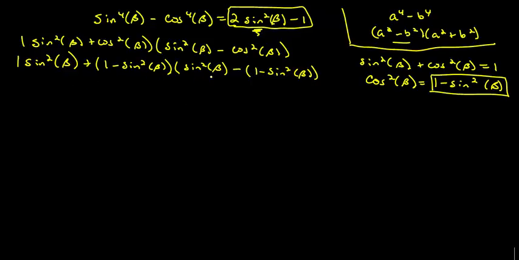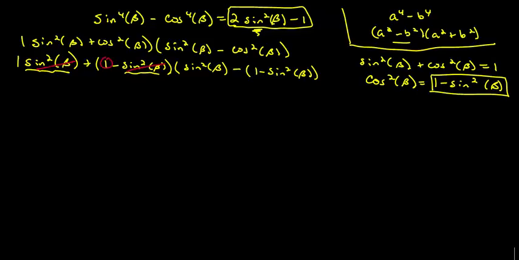So let's start dropping these parentheses here. Look, I've got a sine squared beta here, and a negative sine squared beta there. So these two guys are going to cancel out, and I'm just left with 1.